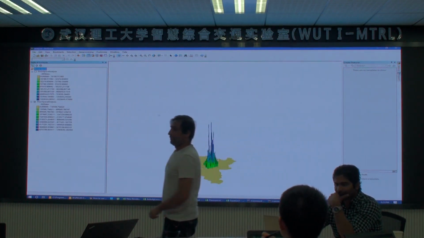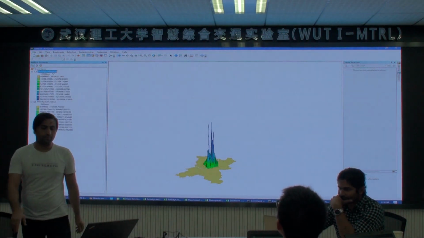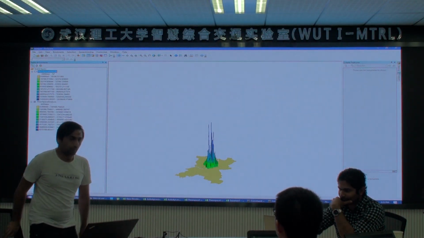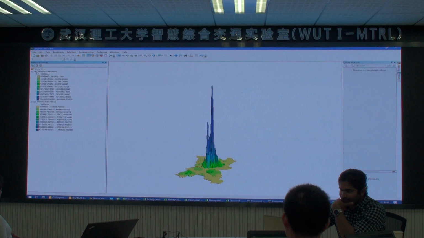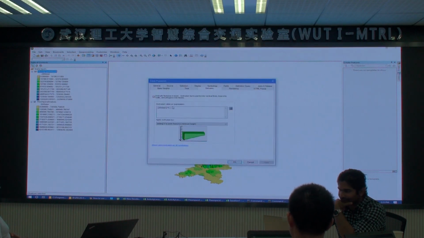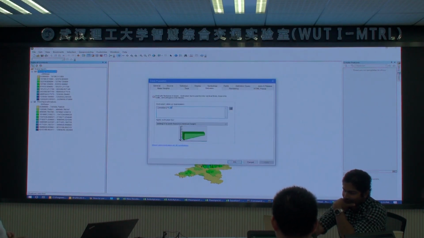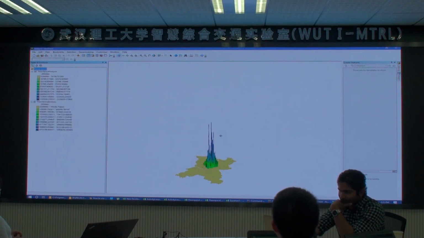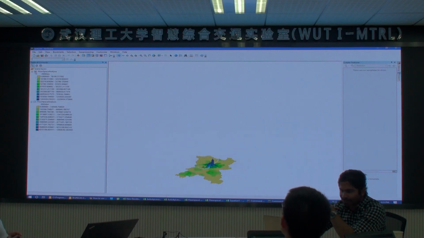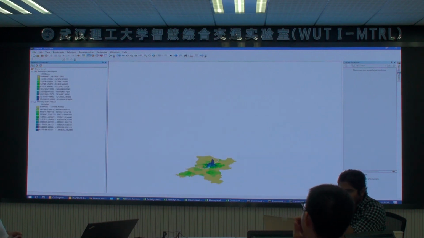So for example, this is the space we had in 2008 for the Wuhan model, at the same site. Here in 2028 we have this much space in Wuhan.